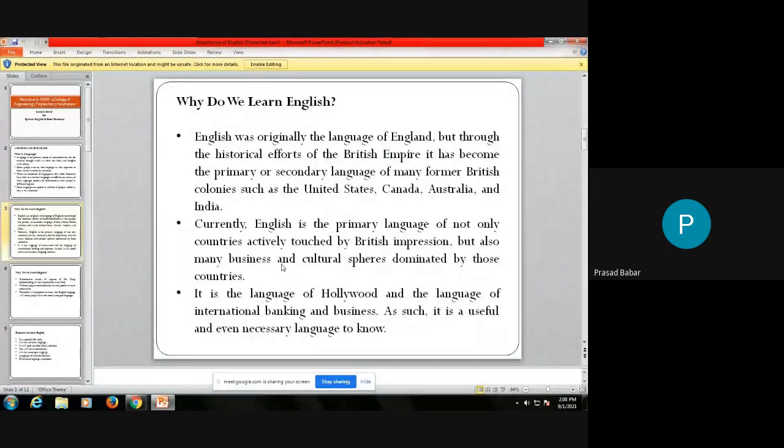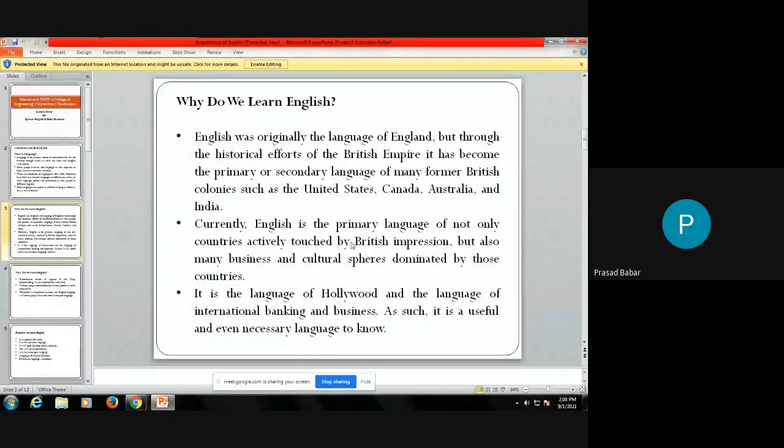Okay, so next, it is the language of Hollywood. Yes, English is the language of Hollywood. We see that there are many movies which are made or which have dubbing in the English language. We know that there are many movies such as Avengers.